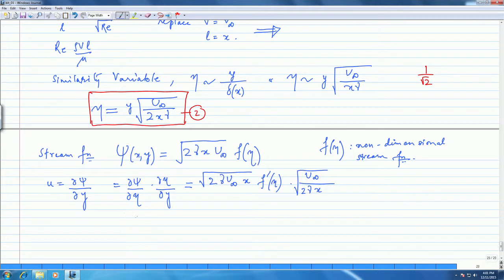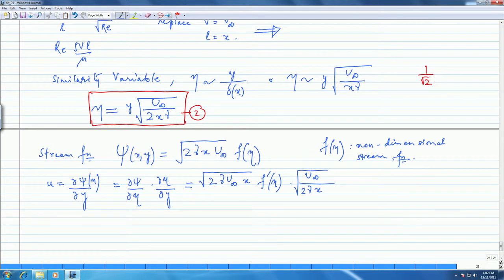Psi is a function of eta. So first what I need is del psi del y. Since psi is a function of eta, I write del psi del eta and del eta del y. Del psi del eta is nothing but this component, 2 this thing and f dash of eta.